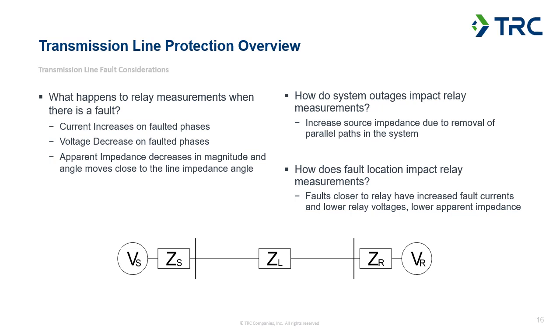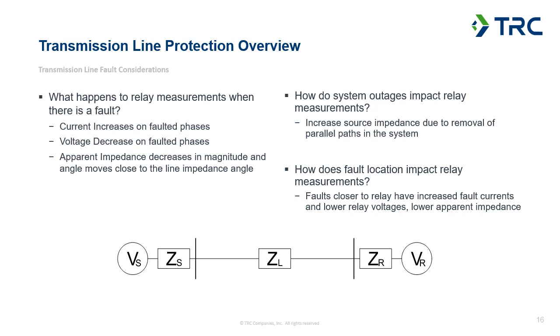As I mentioned on the previous slide, there are some things that are going to impact these measurements as well. So one of the questions we can ask is how do system outages impact relay measurements? If you think of a line outage behind the relay terminal, we're basically removing a parallel path for current to flow.